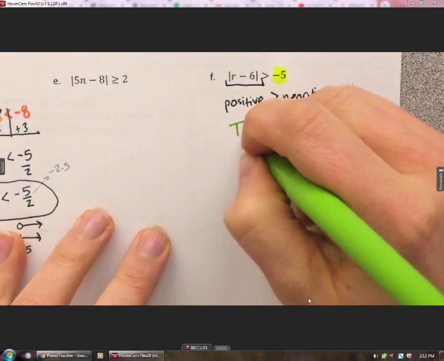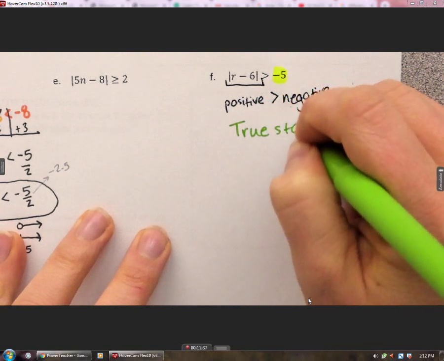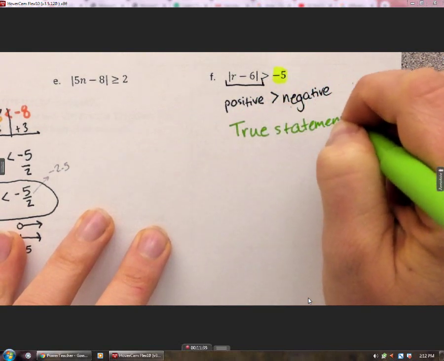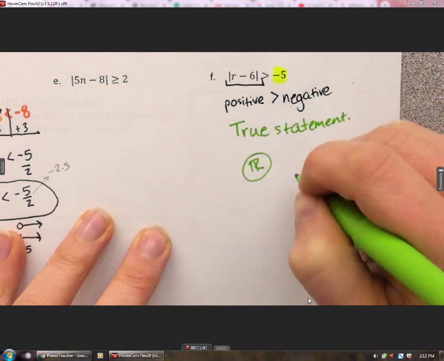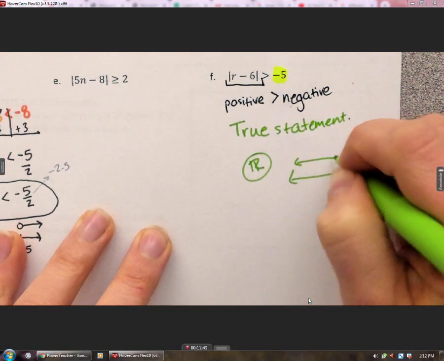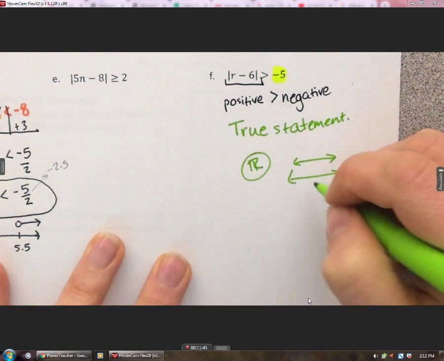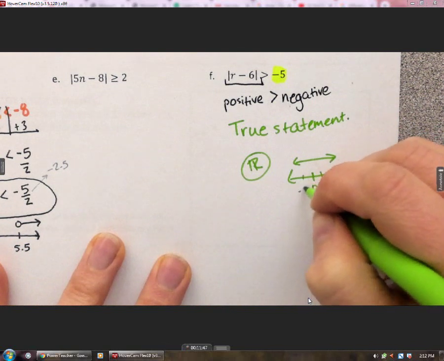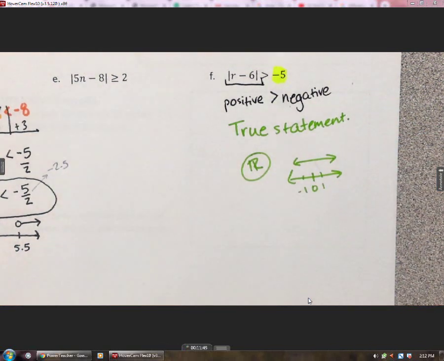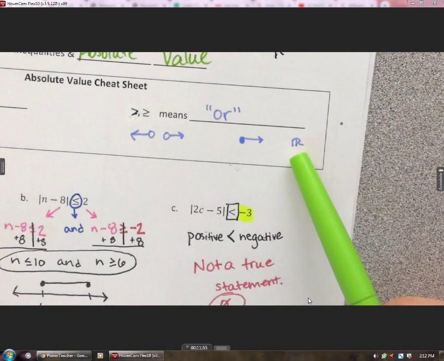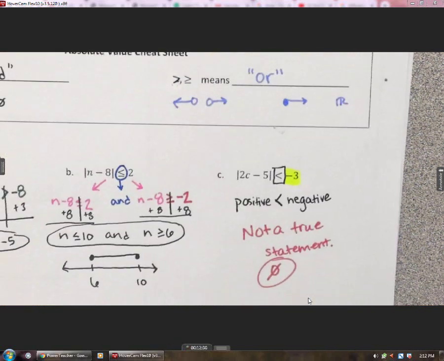So this is a true statement. So what's my answer? All real numbers. Which as a graph would be all the numbers, which again was up here on our or statement cheat sheet. Halfway there. Good work.